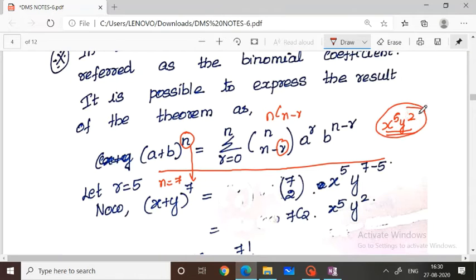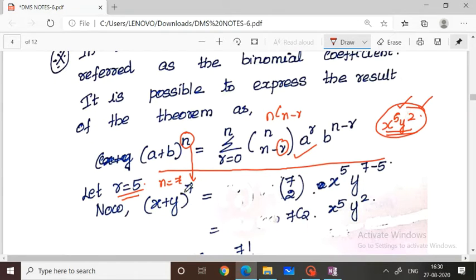So for the term x raised to 5 y square, r can be taken as 5, or r equal to 2. Let r be equal to 5. Now I am going to substitute the values of n and r into this formula.